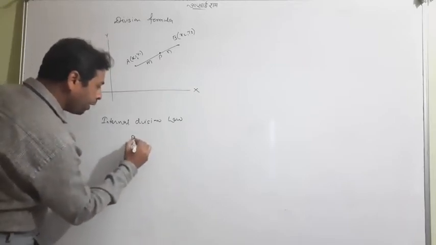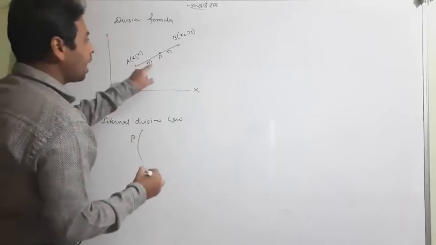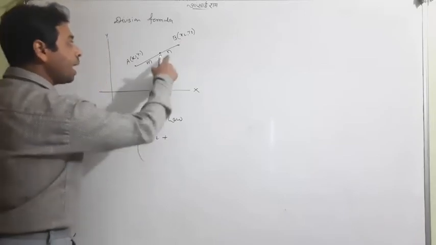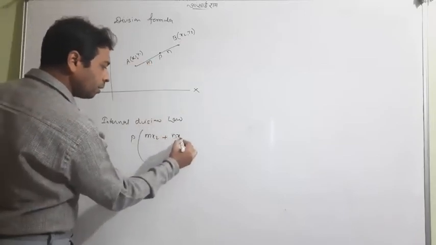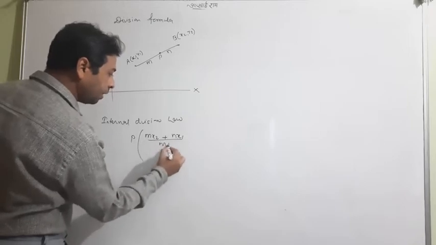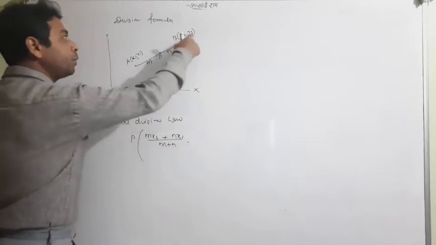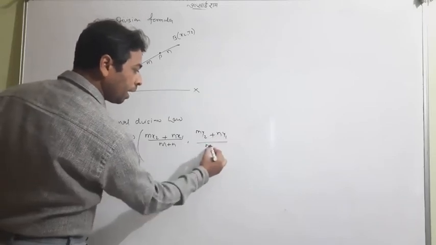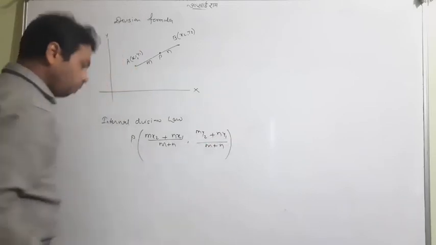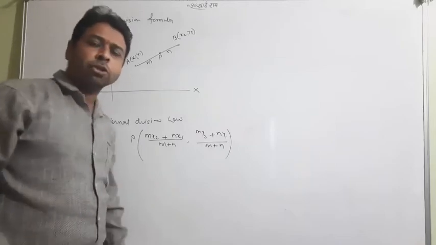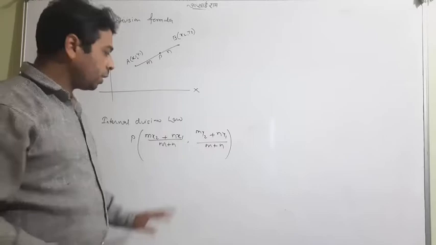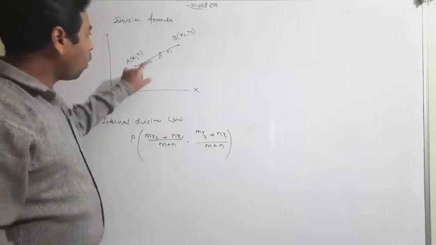Then the point P has the coordinate (m x2 plus n x1 upon m plus n, comma m y2 plus n y1 upon m plus n). It looks a bit awkward, but it is actually very simple. When you do question after question, it will definitely come in your practice. So the formula is very simple.